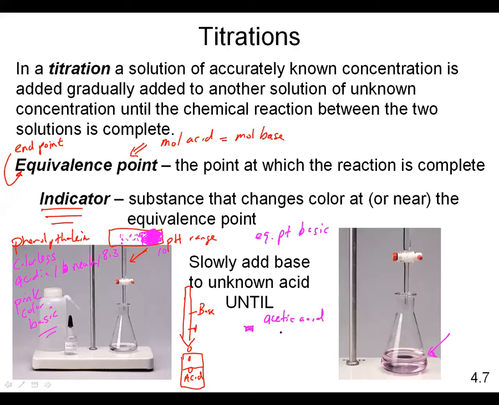with some sodium hydroxide. In that example, our sodium hydroxide, which is our base, would be up here, and our acetic acid would be in the beaker. When we do that titration, the pH is around 8 point something at the equivalence point.